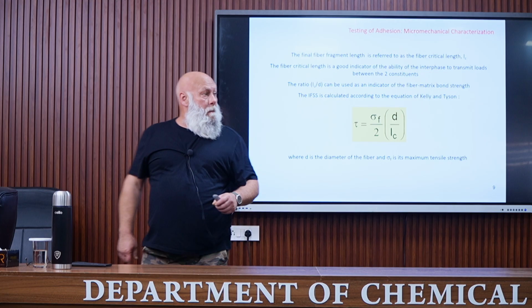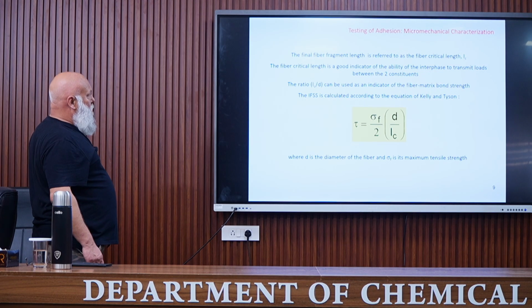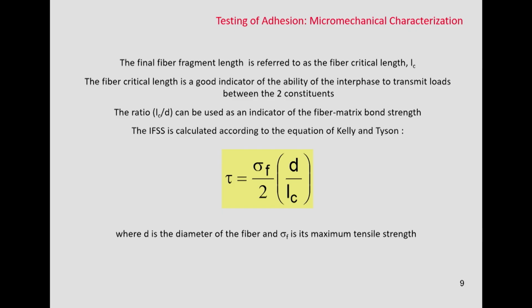The final fiber fragment length is referred to as the critical length. The fiber critical length is a good indicator of the ability of the interface to transmit loads between the two constituents, and the ratio of the critical length divided by the diameter of the fiber can be used as an indicator of the fiber-matrix bond strength.